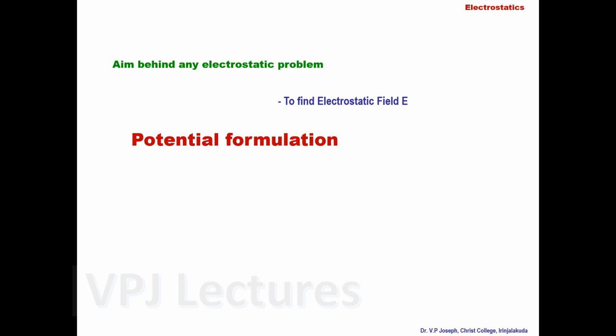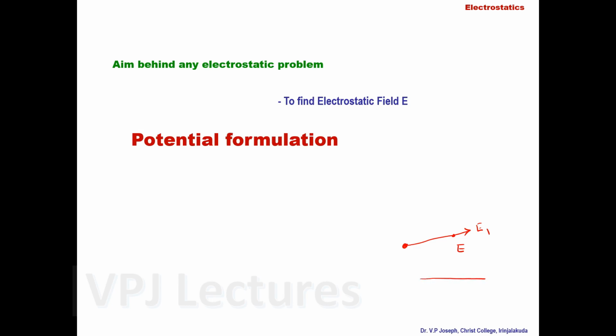There are different types of sources: a point charge, distributed point charges, or line charge, etc. If you want to find the electric field due to one point charge, since it is a vector quantity, we can represent it as E1.